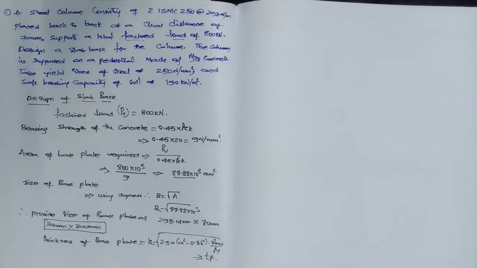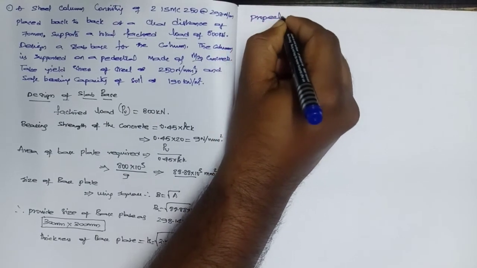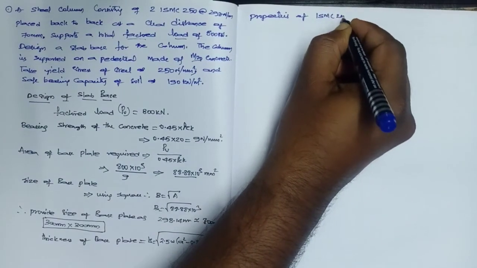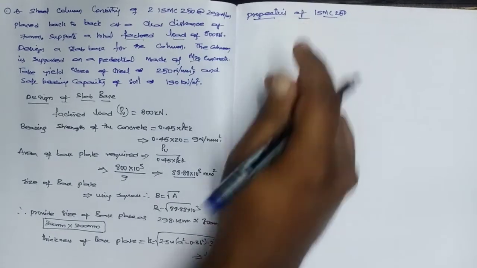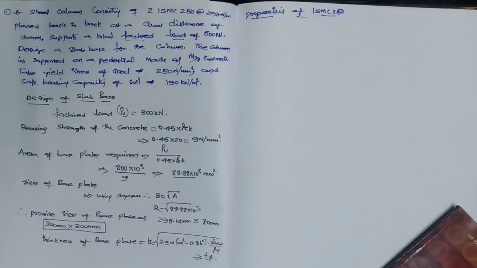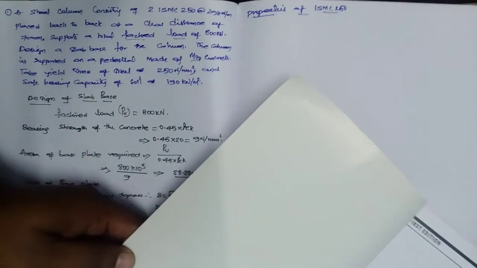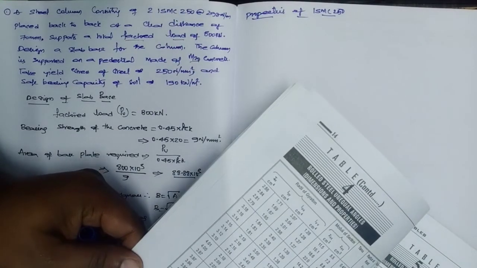Okay, so first we'll try to draw the figure. For drawing the figure, first you have to write the properties of ISMC 250. What is required? Channel sections, right?